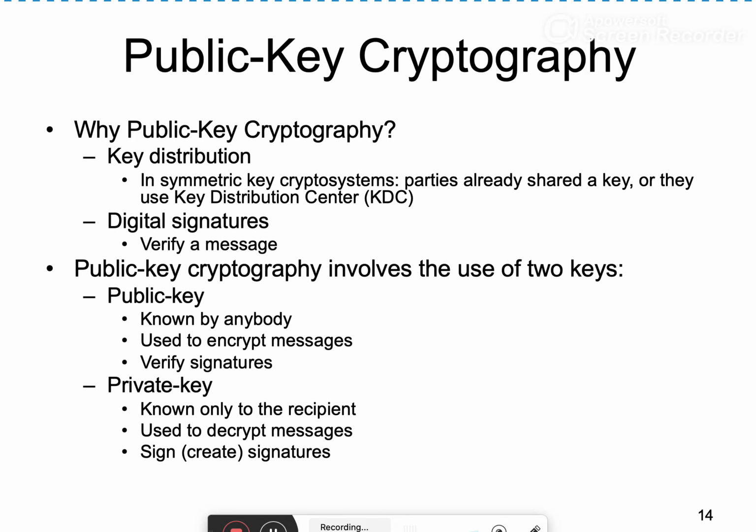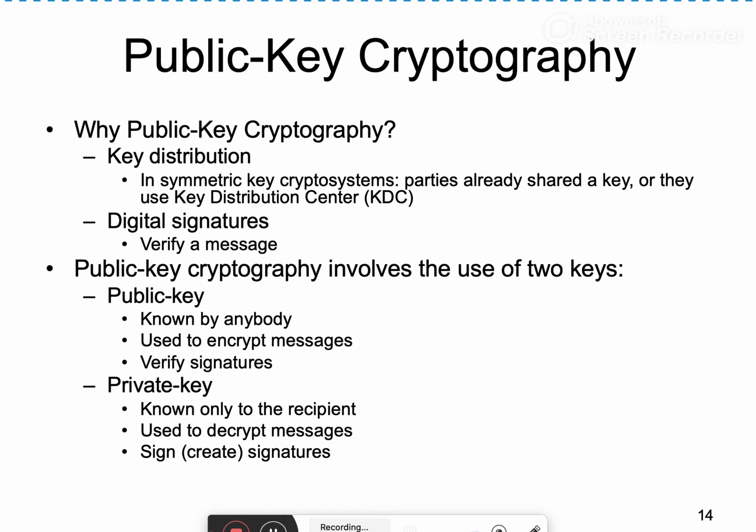This problem is no more there in public key cryptography, so key distribution is easy. The other thing is digital signature. We can perform digital signatures using public key cryptography, which was not possible with symmetric key cryptography.